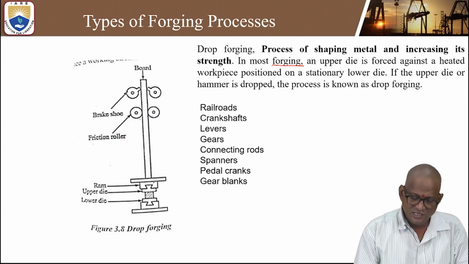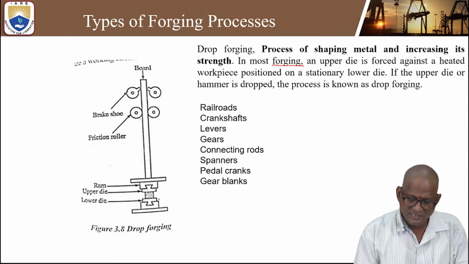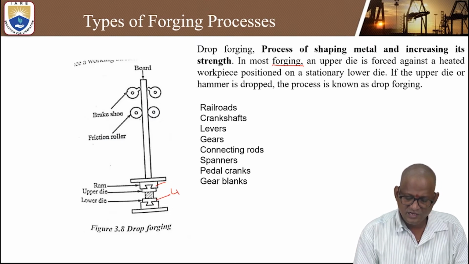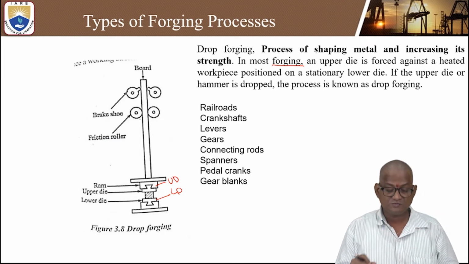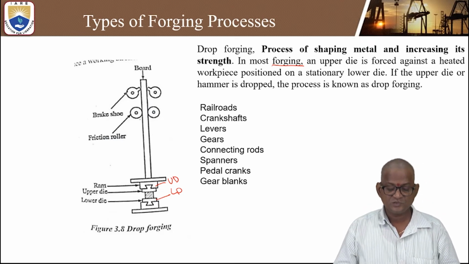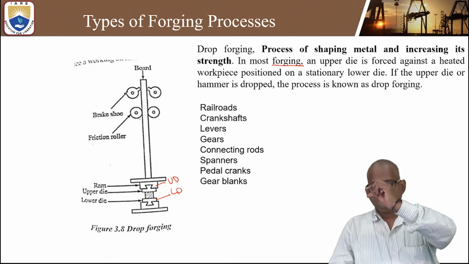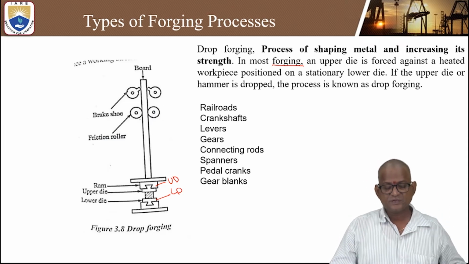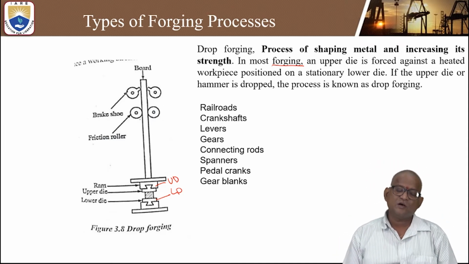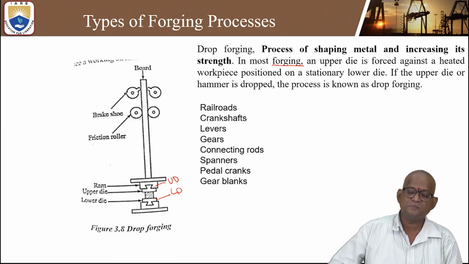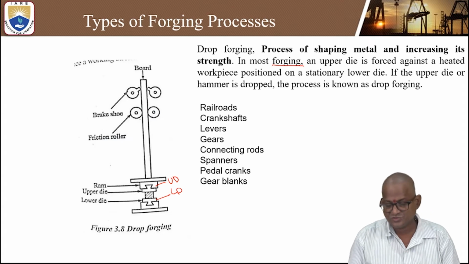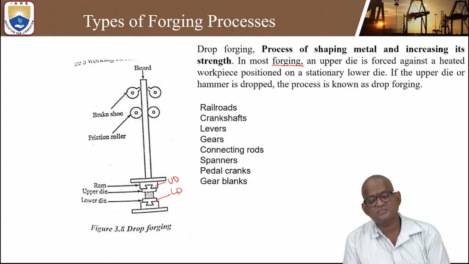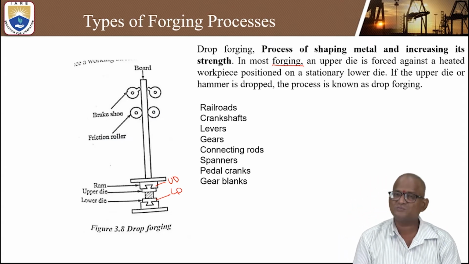So here there will be a lower die and an upper die. In between you can keep the workpiece, and the two dies are maintained by applying pressure above the ram, with a lot of rollers and friction shoes applied, so that the required shape and size can be obtained.